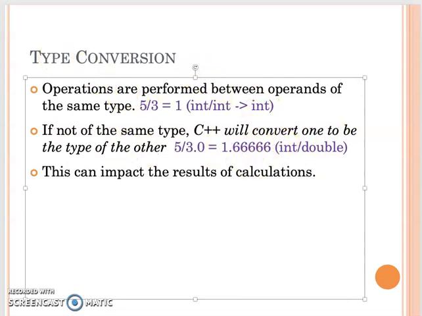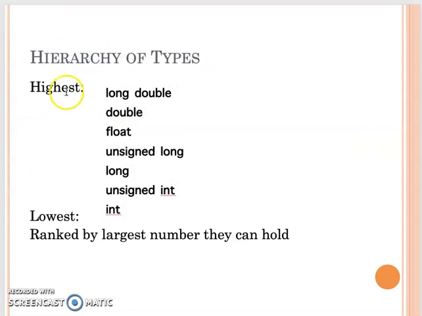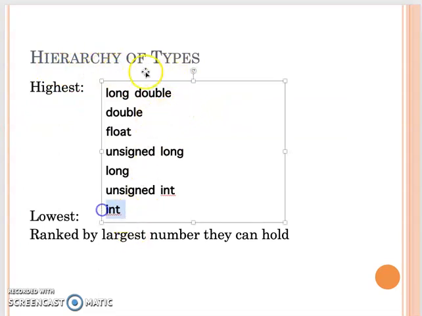How they do the type conversion depends on the data type. We have a hierarchy for data types, from low to high: integer, unsigned integer, long, unsigned long, float, double, long double. When you have a lower data type together with a higher data type, like in our earlier example of int divided by double, they promote the lower data type to the higher data type.